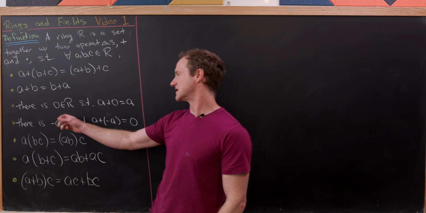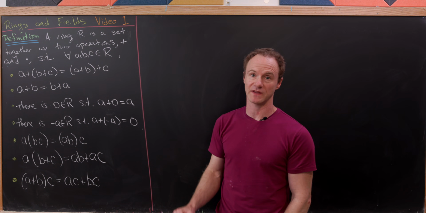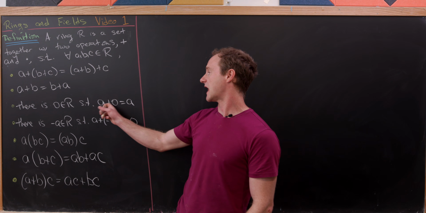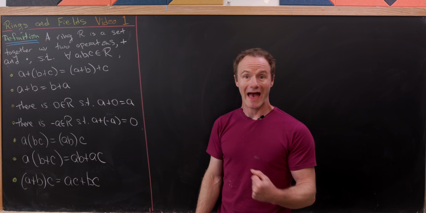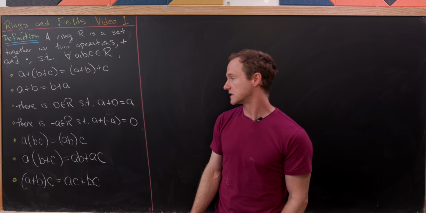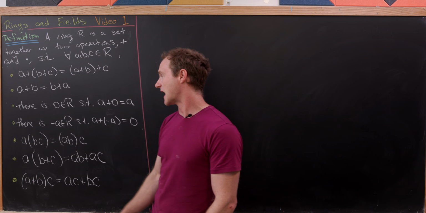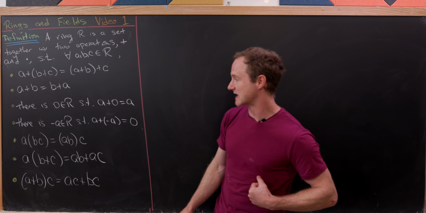In other words, there's this element which we'll call 0. 0 will be the name for the additive identity, so that A + 0 is equal to A. There are also additive inverses for every element in the ring. In other words, there is an element -A in R such that A + (-A) is equal to 0.